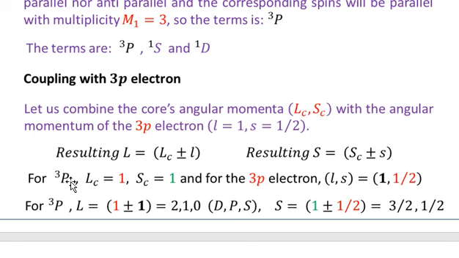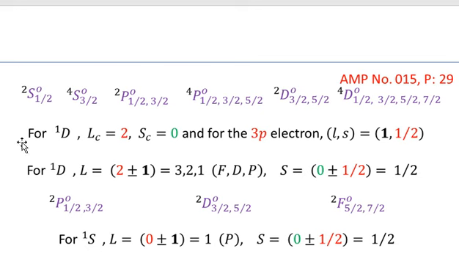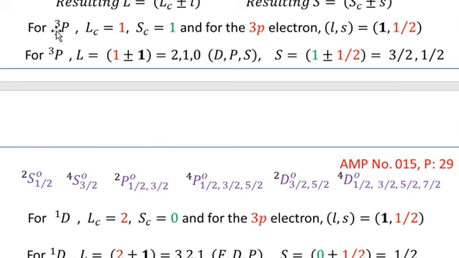So after combining these, when the core terms are combined with the 3p electron, I obtained the following terms. When the 3P term from the core contribution was combined with the 3p electron, then these terms were obtained.